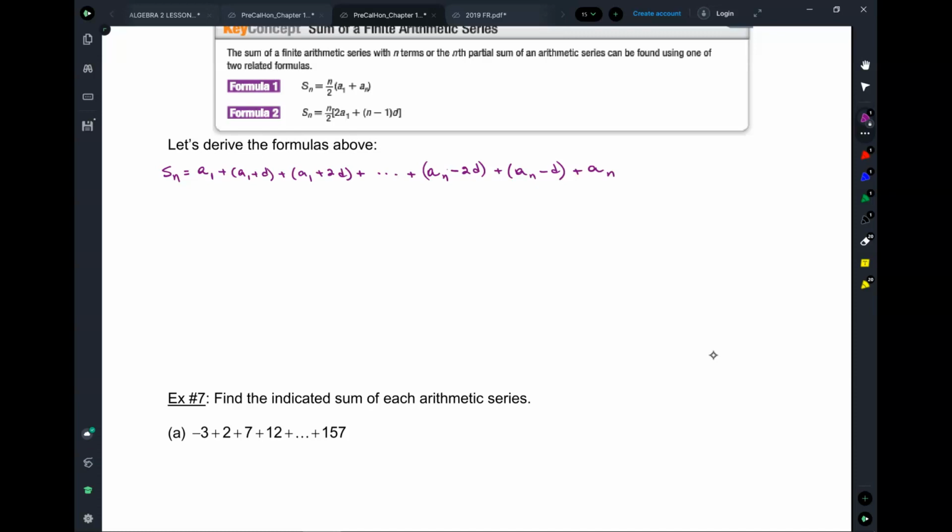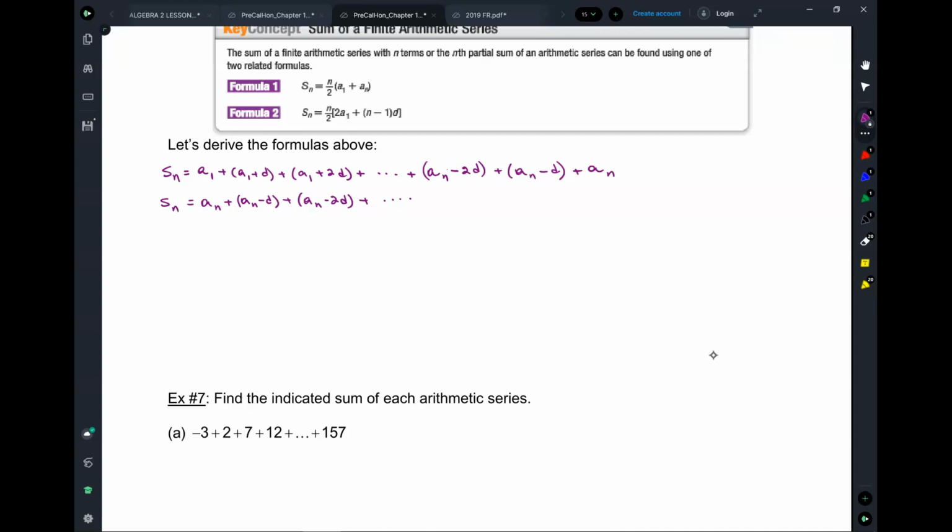Now we have another one. Now we're going to write the series again, because that was so much fun. But guess what? This time we're going to start writing it from the back. So the last term is an, and then the one before that is an minus d, then an minus 2d, plus dot, dot, dot. Now I'm going to do these 3 here.